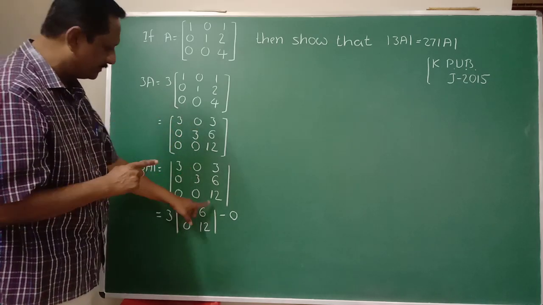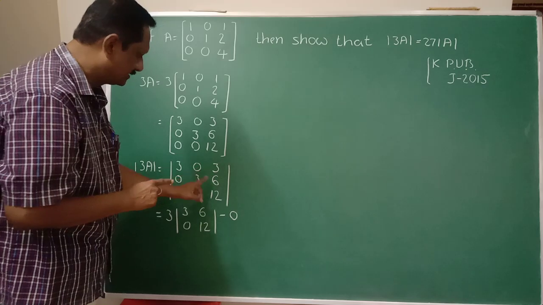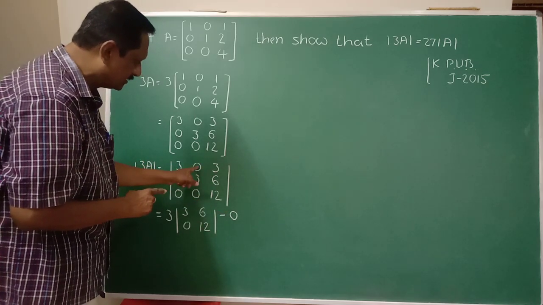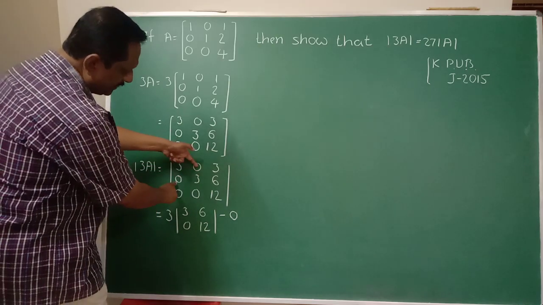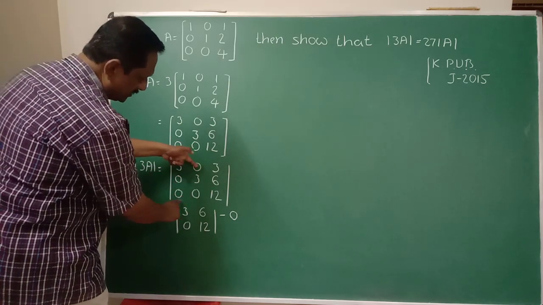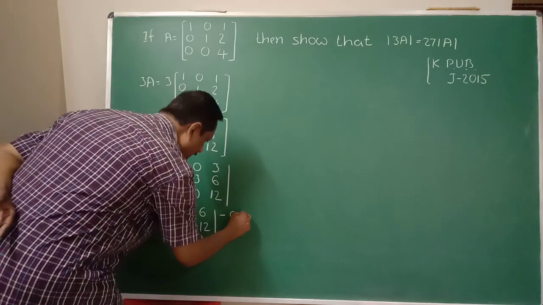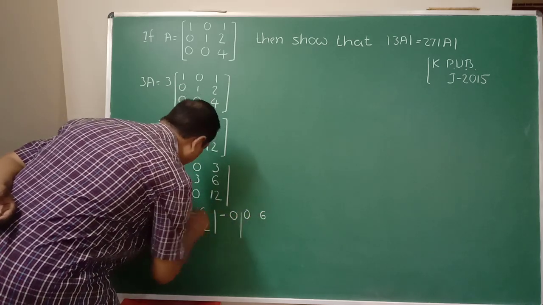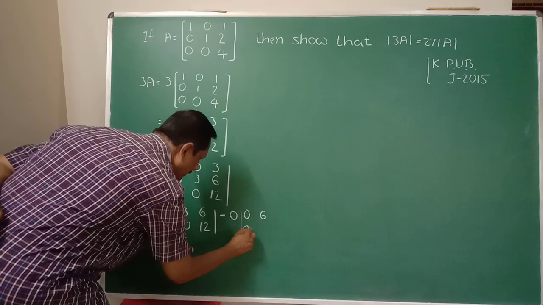So in that case multiply by minus and write this 0. Deleting the row and column containing this 0, the remaining elements are 0 6 0 12. Determinant of 0 6 and 0 12.